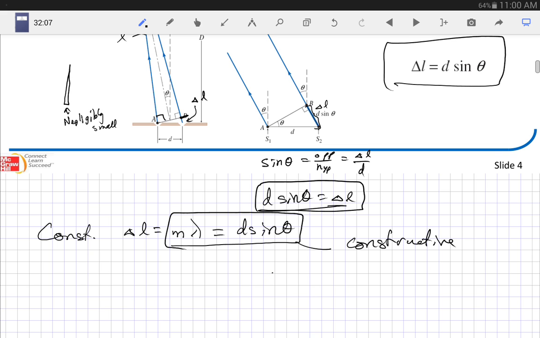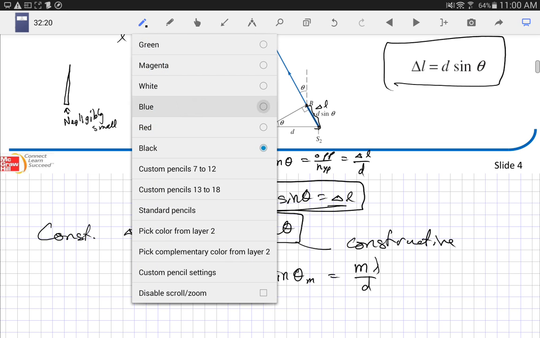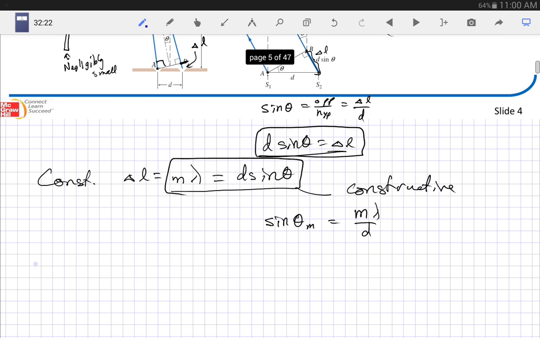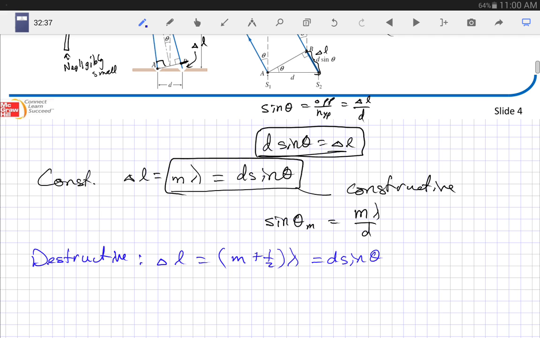We usually write this as sine theta sub m is equal to m lambda over d. Now what about destructive? What's the condition for destructive interference? 1/2. So we have delta L equal to m plus 1/2 lambda, once again equal to d sine theta.